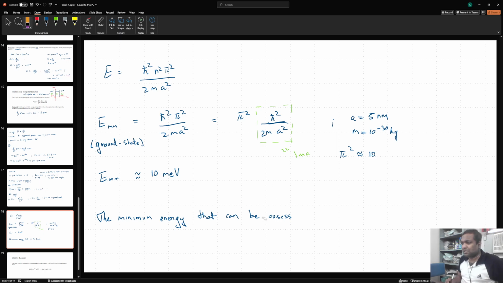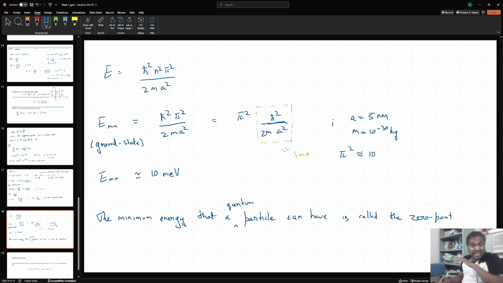I'm not remembering the spelling of possessed, so I'm going to change my sentence and say that a quantum particle can have what is called the zero point energy. Essentially, energy now no longer has a zero level. This is the new zero level for this system.